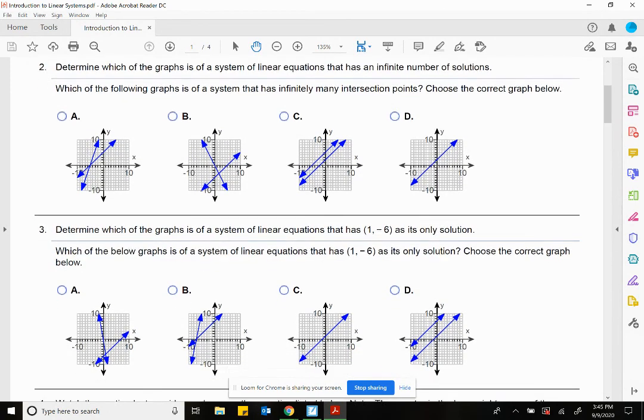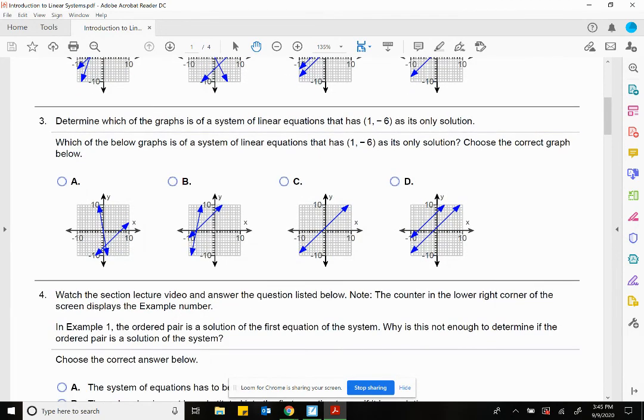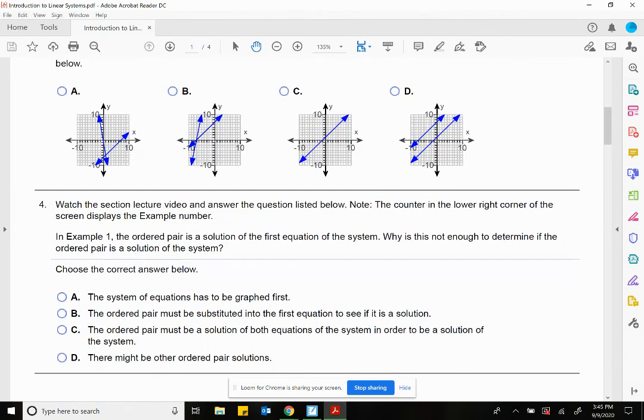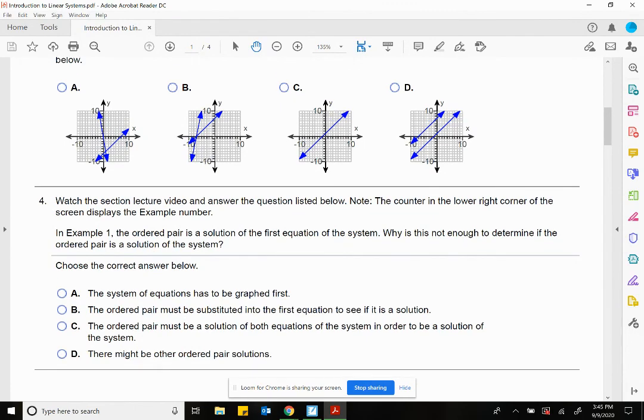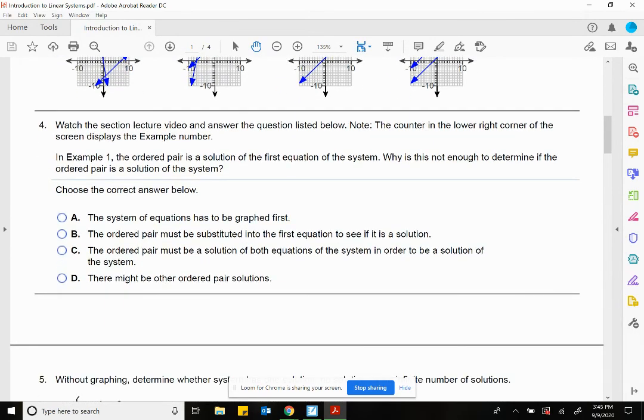And the third one is which one has a solution of (1, -6). Then down below, it's going to ask you some questions, like in number 4. It says the ordered pair is a solution for the first equation. Why is this not enough to determine if the ordered pair is a solution for the system? Again, we talked about that. So look at those answers. You should be able to answer this now.